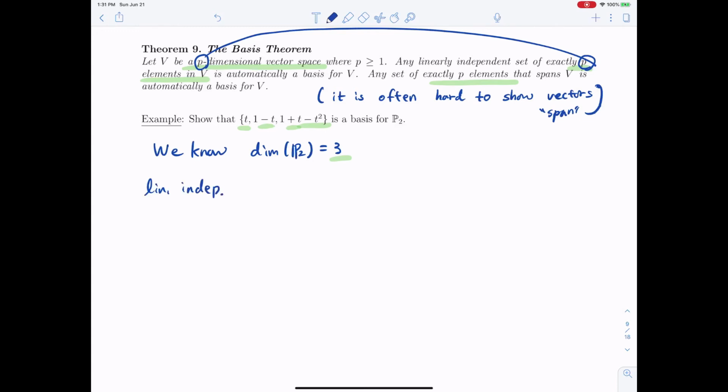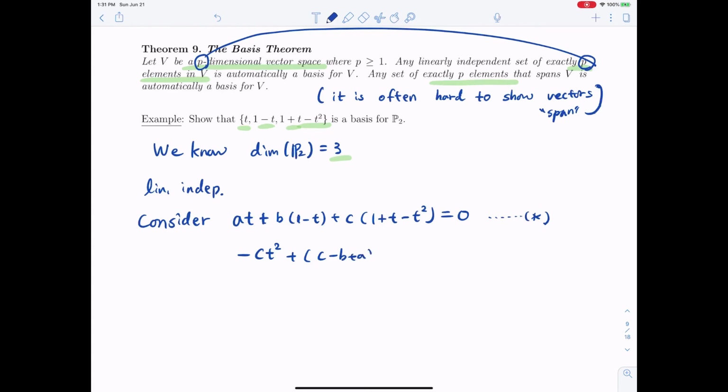Consider the homogeneous equation, say A t plus B times (1 minus t) plus C times (1 plus t minus t squared) equals 0. If you distribute all the numbers into the parentheses, that gives you negative C t squared plus (C minus B plus A) times t plus (C plus B) equals 0. Equivalently, this gives you C equals 0, and C minus B plus A equals 0, and B plus C equals 0.